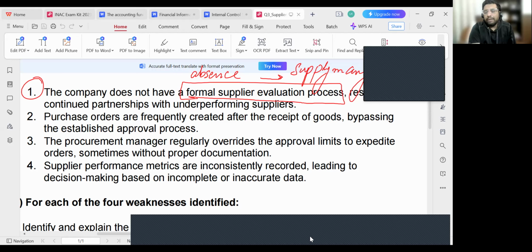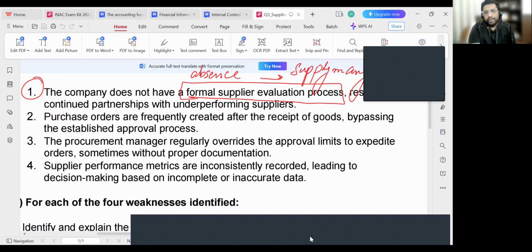So this can be due to, again, a loose or weak control environment in which you are not taking care of the procedures, right? And you are doing it for speed. You just want to complete the task quickly.